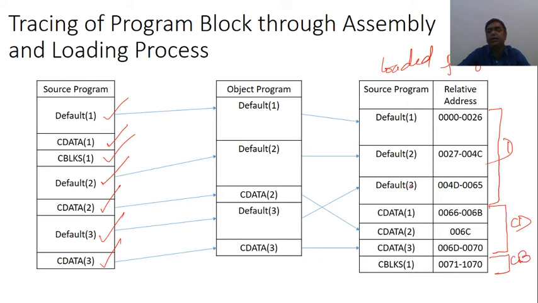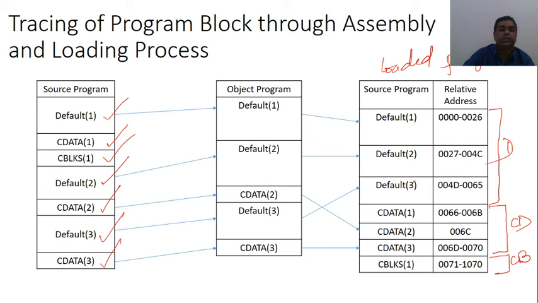Now you can see the program blocks are present in the object program in a different order, but when we are loading the program in the primary memory for execution, they are loaded in a particular manner. First default is loaded, then C data is loaded, then CBLKS is loaded.